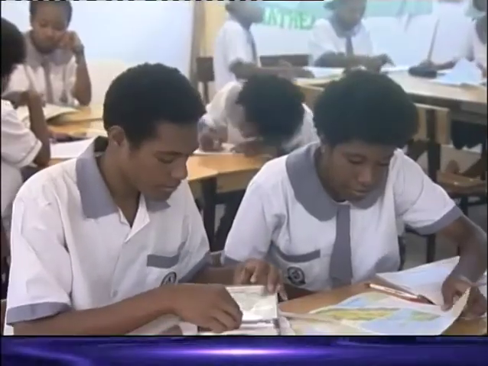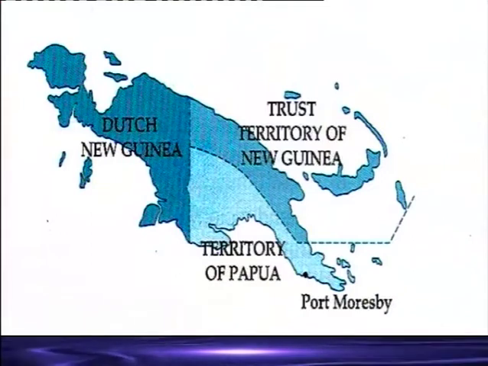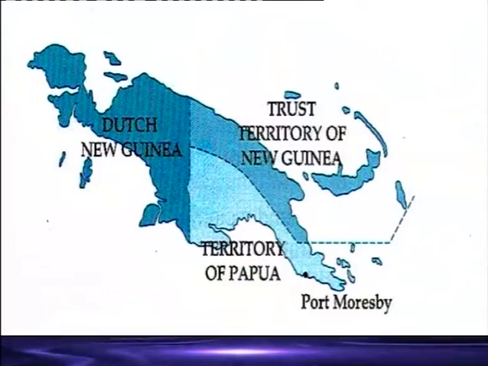Maybe something like this here, but you don't have to draw this part here, Dutch New Guinea. You can just draw our part here. So, territory of Papua and territory of New Guinea.